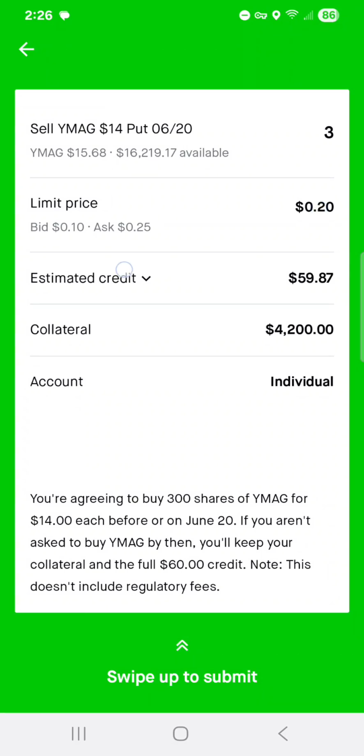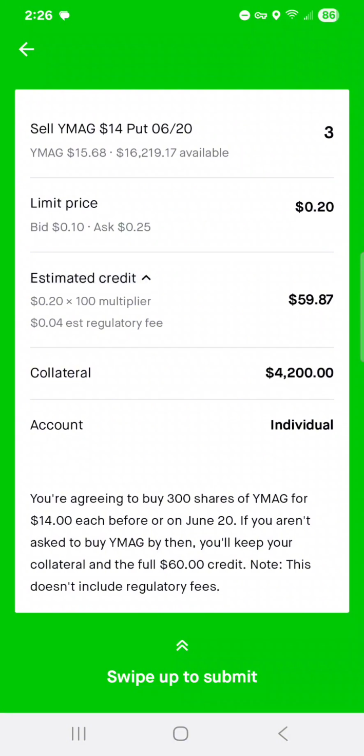And estimated credit, it shows you 20 cents times the 100 multiplier, which one stock option represents 100 shares of the underlying stock, and then Robinhood or someone takes that 4 cents regulatory fee. I think it's the Options Clearing Corporation. So that's going to equate to almost $60.